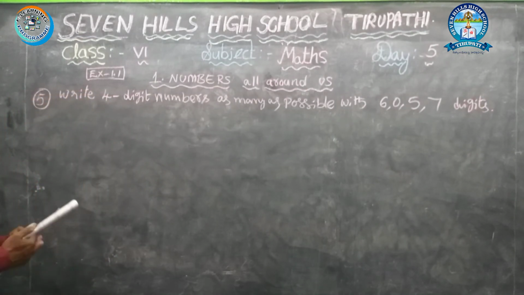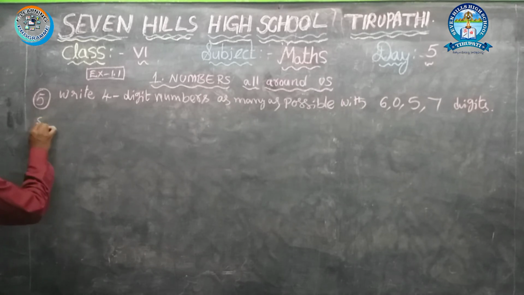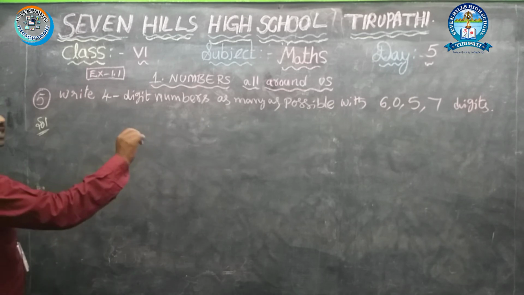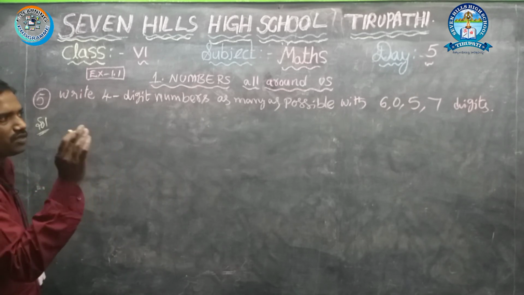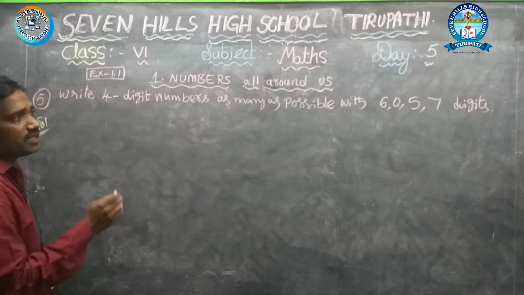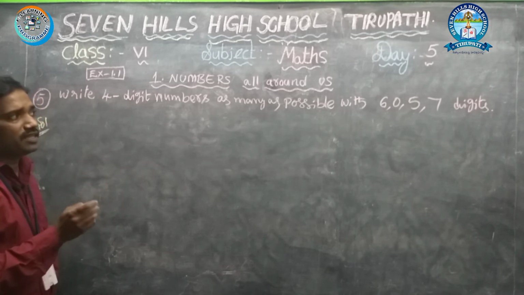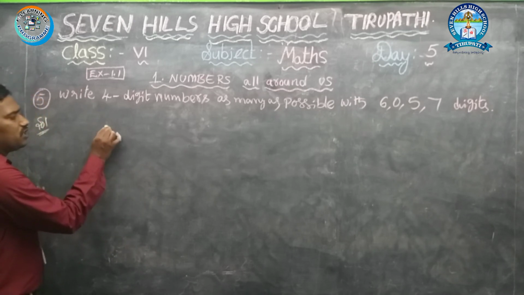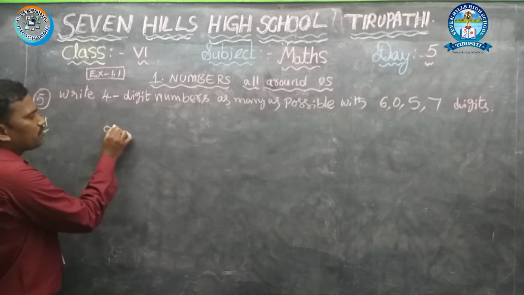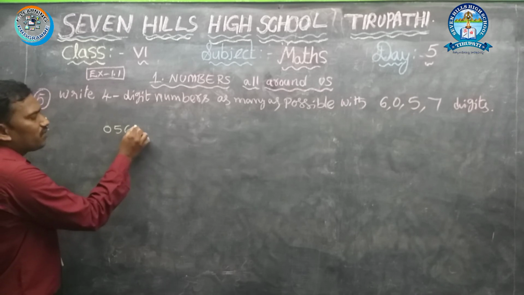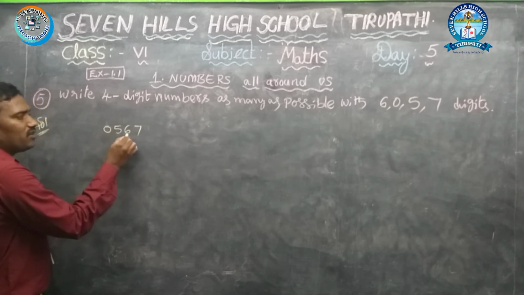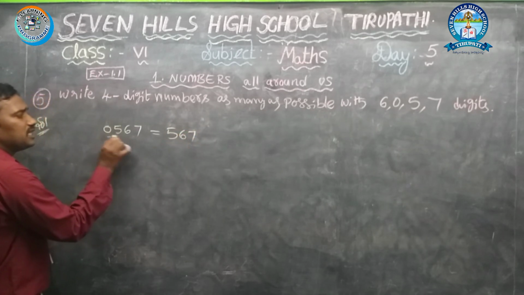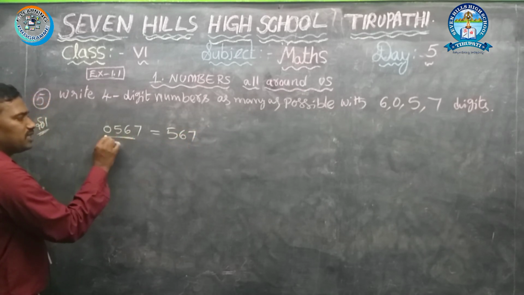Okay, so this is a very easy question, try to understand it. Now here the digits are 6057. In that, which is the smallest digit? 0. After 0 the smallest one is 5, after that 6, after that 7. So 0567 is equal to 567. Is it a 4-digit number?